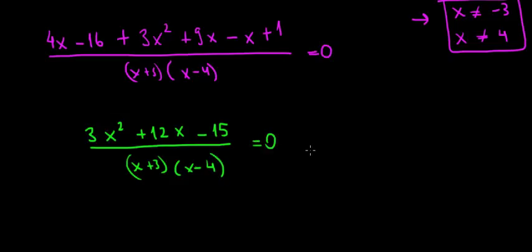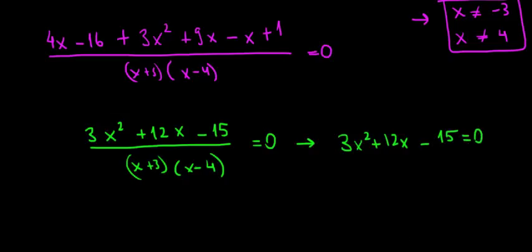Now, when can a division equal 0? Only when the numerator is equal to 0, because remember, the denominator cannot be 0 because it's undefined. So 3x squared plus 12x minus 15 equals 0.